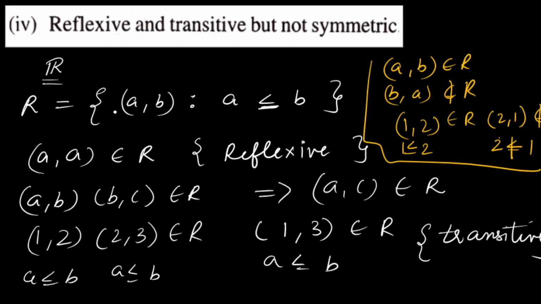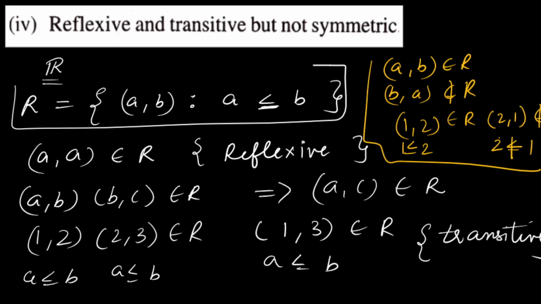Let's do the last one. We have to give an example of a relation which is symmetric and transitive but not reflexive. So from set A again we can do this. In this question also you can use set A and then define a relation. This type of question we have done in the exercise.